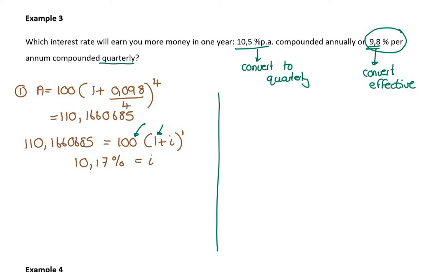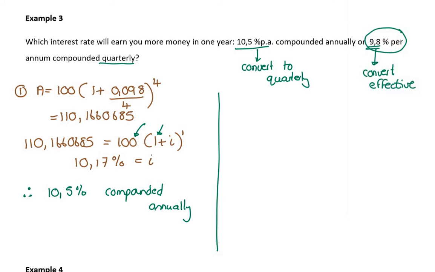So what is better? Well, definitely not the quarterly, because that's less than 10.5%. And so which rate will earn you more? Basically, 10.5% compounded annually will earn you more money. Now, I could have converted the compounded annually one, but this was definitely easier.